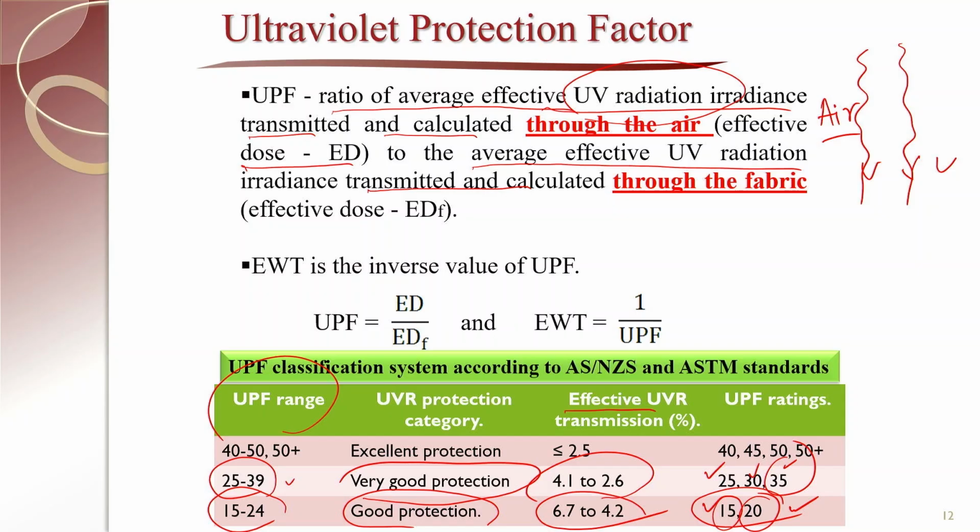And excellent protection is 40 and above, where typically more than 97.5% is absorbed and less than 2.5% gets transmitted. We rate it like 40, 45, 50 and 50 plus. So, 50 plus is a very good rating, as we see even in sun protection.